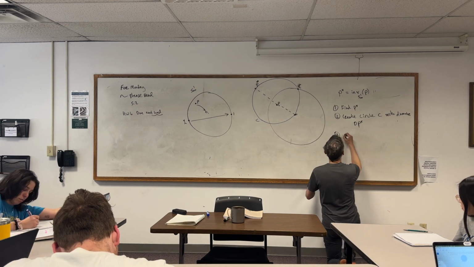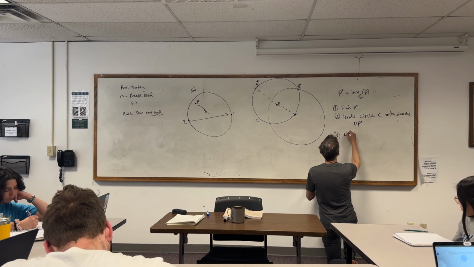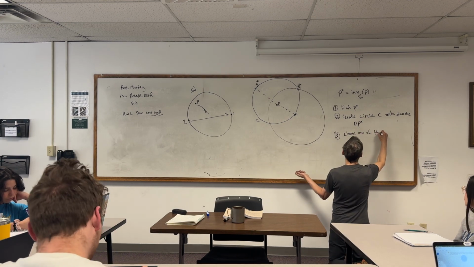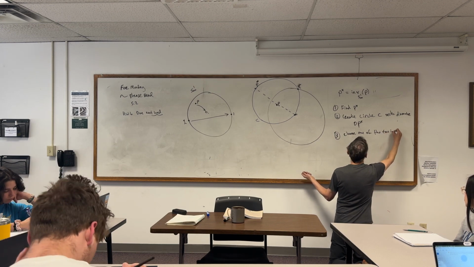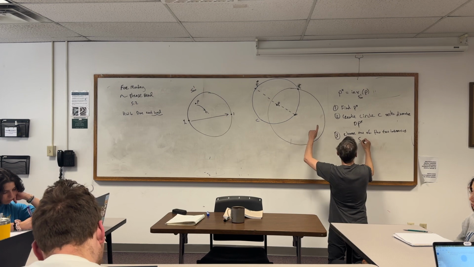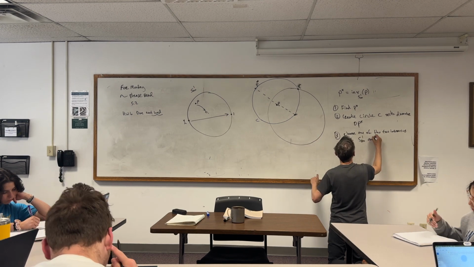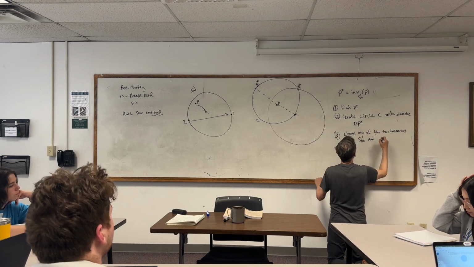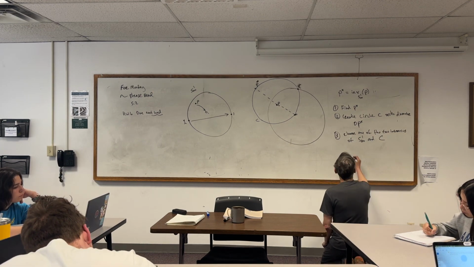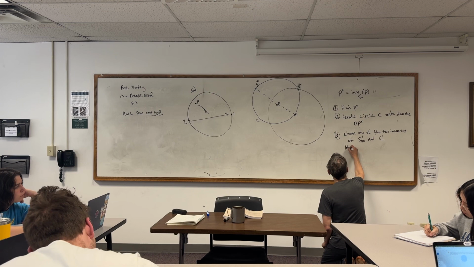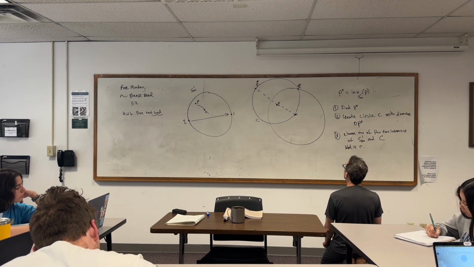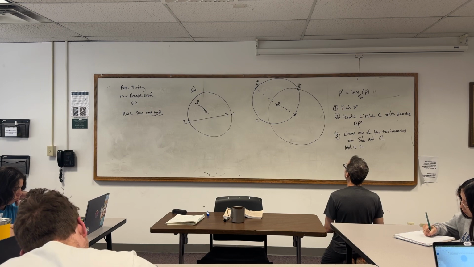So step 3, choose one of the 2 intersections of S1 infinity and this circle C from step 2. Label it R.